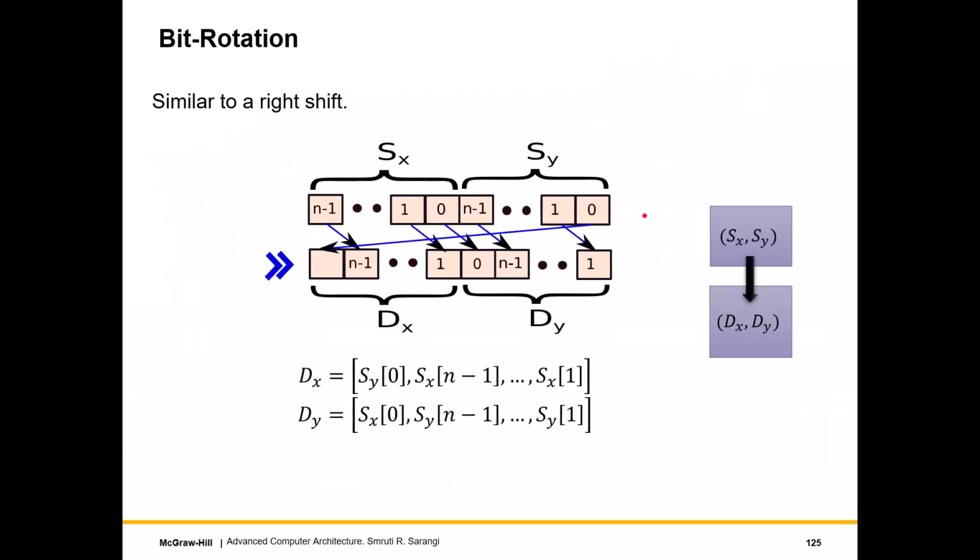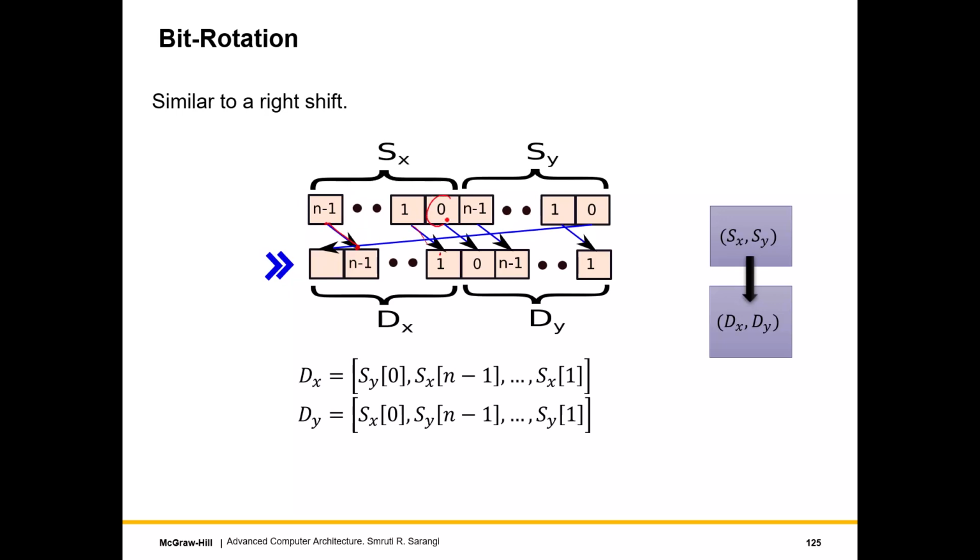patterns which again are visible primarily in numerical computation kernels, FFT being a major one. So this is bit rotation. In bit rotation, this is similar to a right shift, where the n-1th component here gets right shifted here, this gets here.